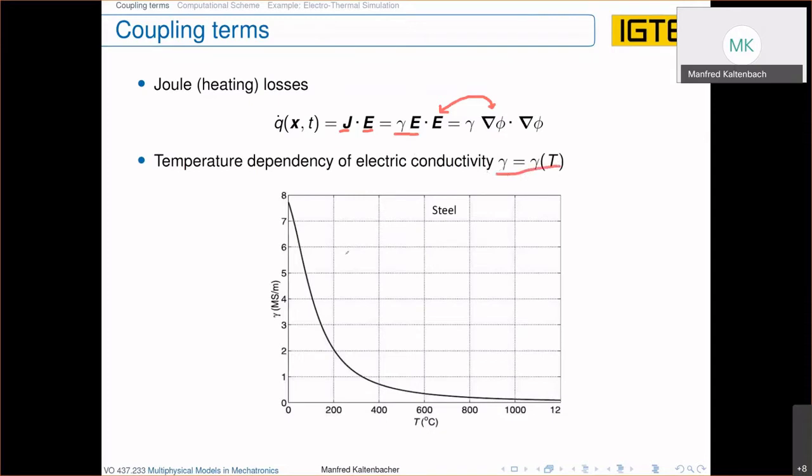You can see here in this sense just the dependency of this electric conductivity in steel over the temperature, and you can see how it decreases with increasing temperature, which is standard within metal materials.